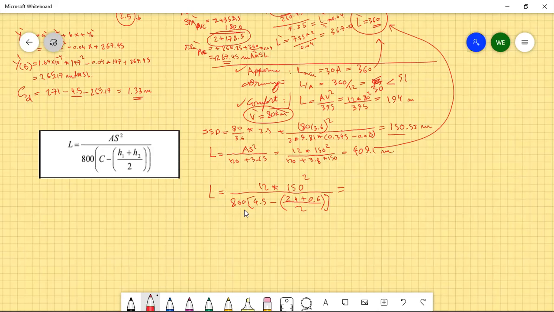So the minimum L is 112.5 meters. So L is less than the one that we have, which is 360 meters. So we are on the safe side.